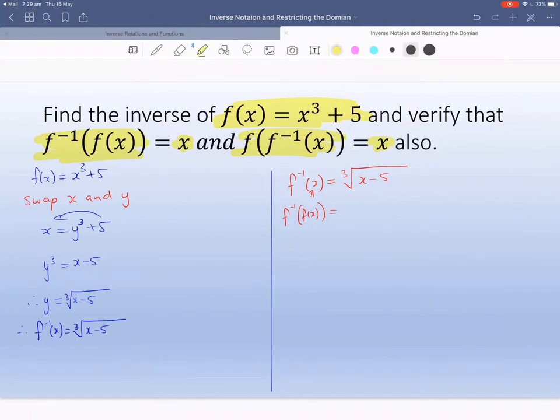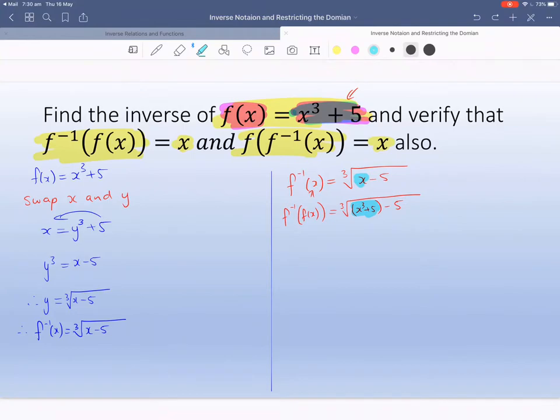F of x is x cubed plus 5. So instead of x, I'm going to put, in brackets, this function in here: x cubed plus 5, minus 5. All I've done is put in the function of x in its place. Notice that the minus 5 stays in the same spot.